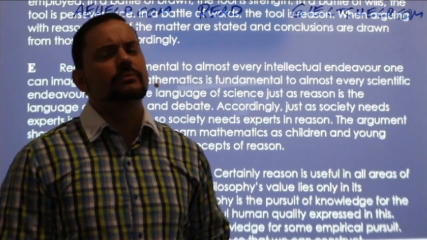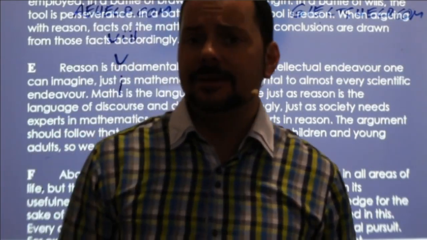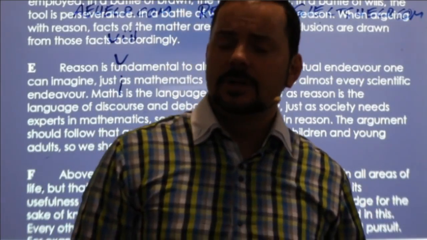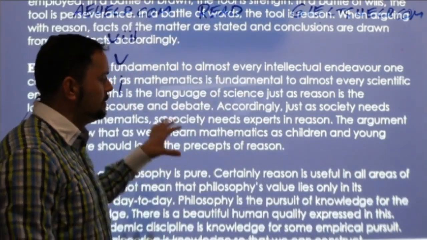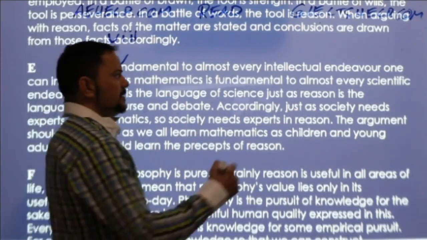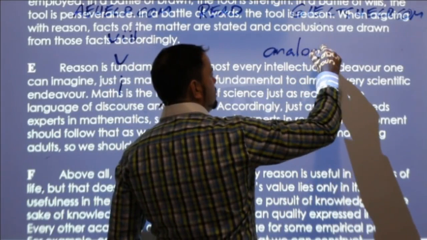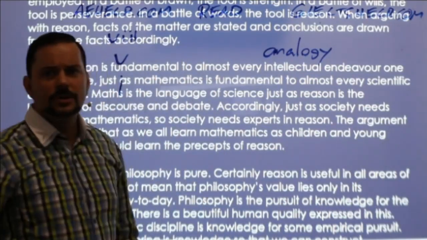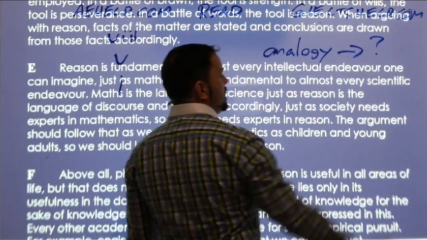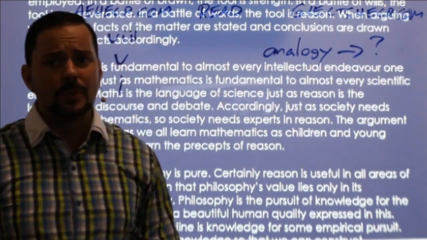I would probably add a little bit more. So I would say analogy of math and reason. So here the author is using math to give an analogy for reason. Is everybody clear on the word analogy? Does everybody understand the word analogy? Analogies are used, especially in passage 3.